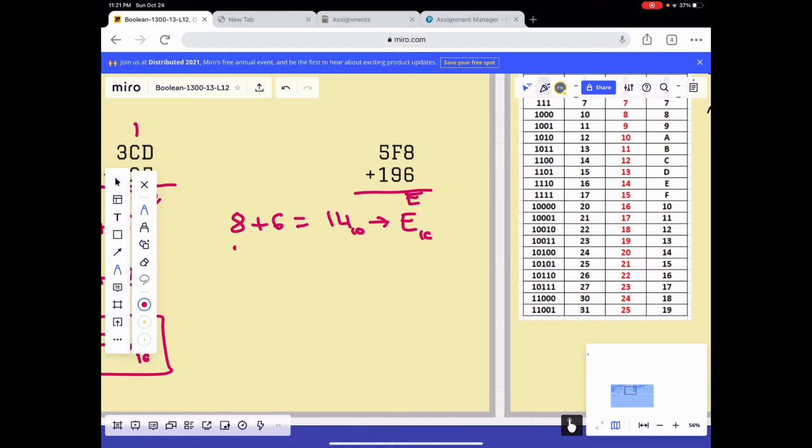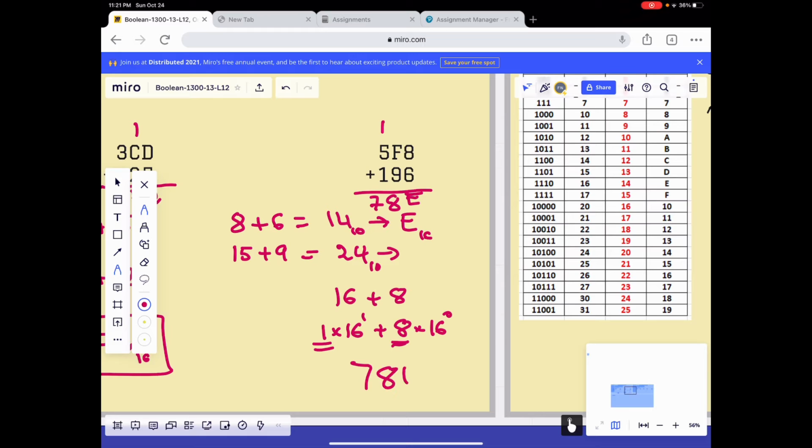F is 15, and plus 9 equal 24. All right, 24. And you change to the hexa, becomes 16 plus 8. So 1 times 16 to the power of 1 plus 8 times 16 to the power of 0, so equal 18. I write out 8, and I carry 1. 1 plus 5 plus 1 is 7, so the answer is 78E.